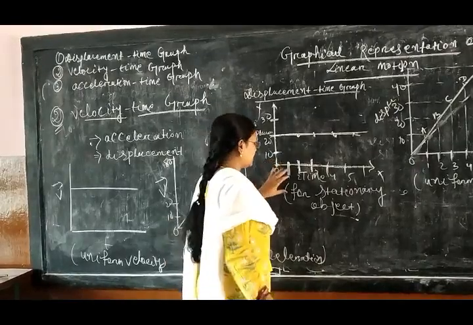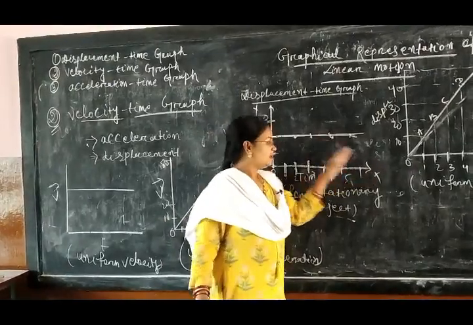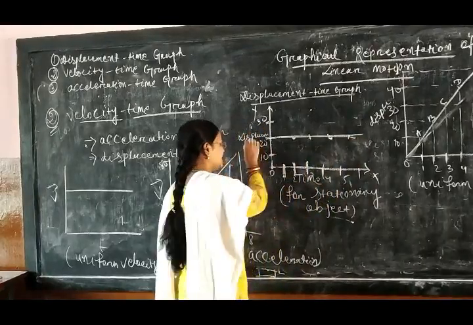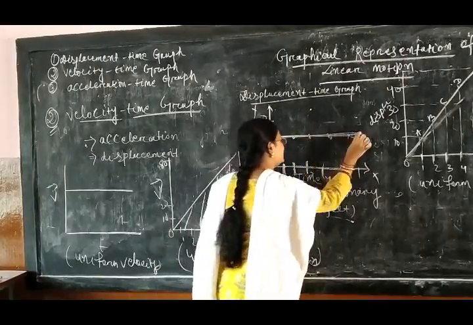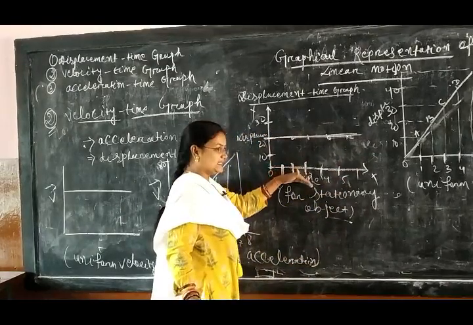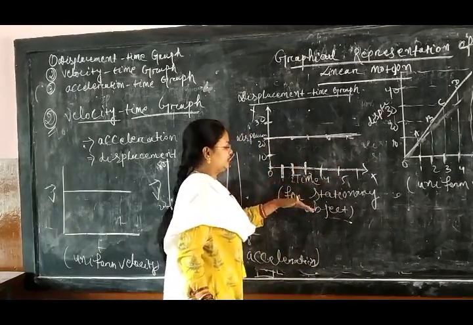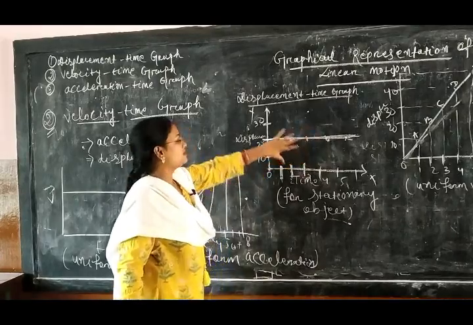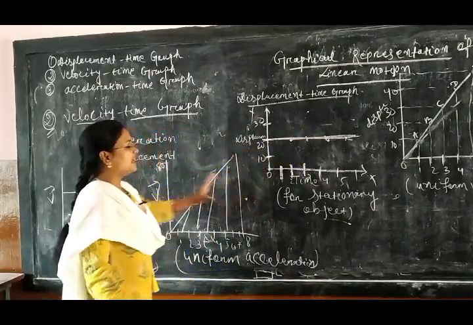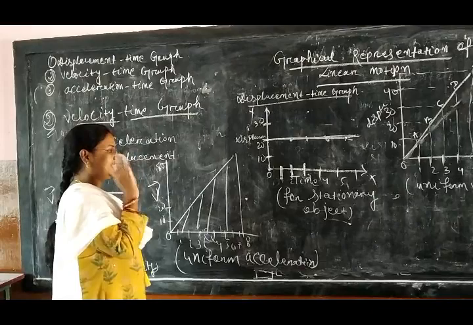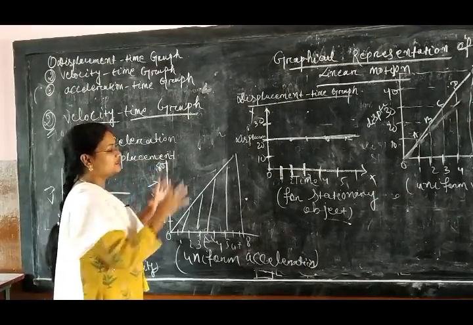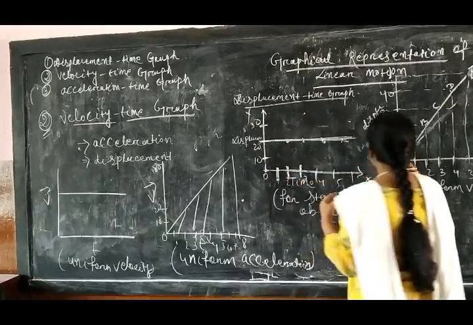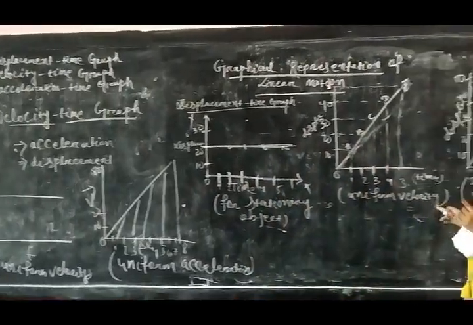That means what? The time is changing but the position is constant. So if in the displacement time graph one line is parallel to the x-axis, then you will think that this is for a stationary object. That means when you see this type of graph, you will immediately think that the object is at rest.